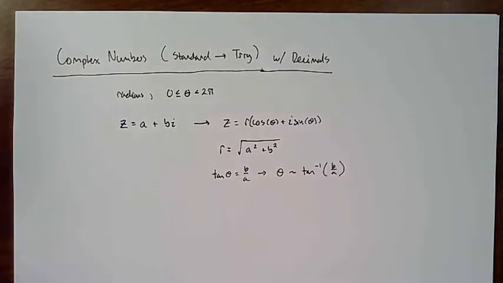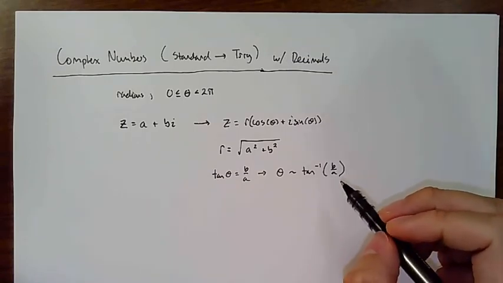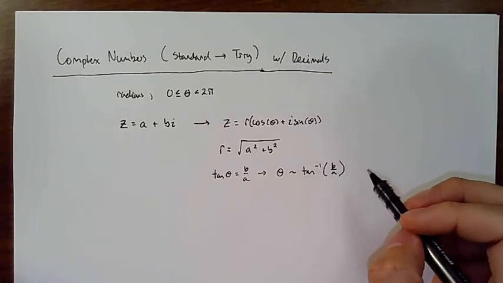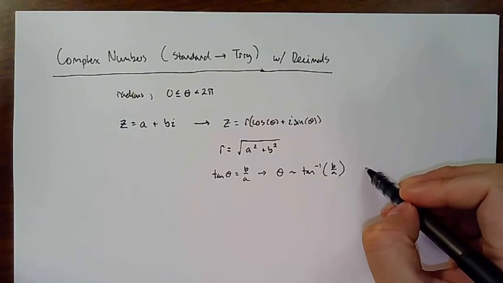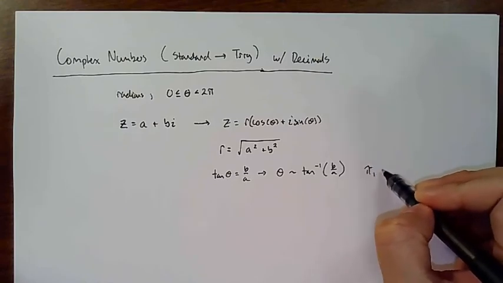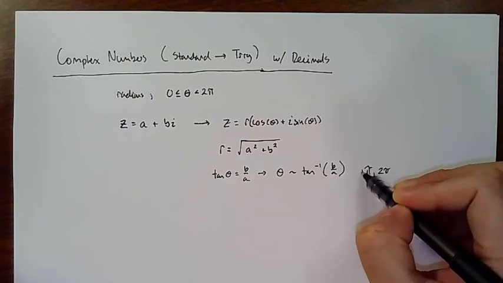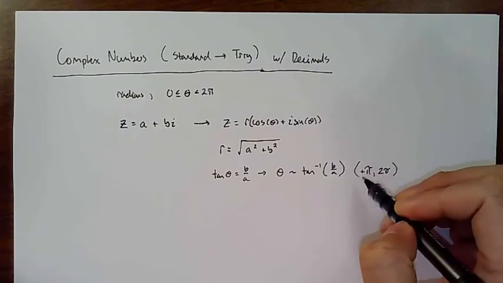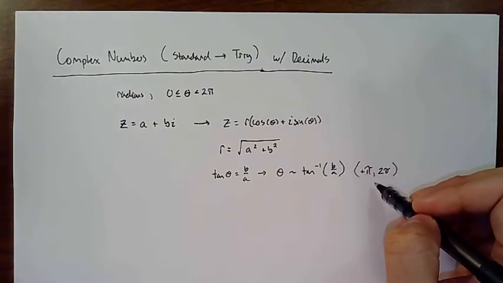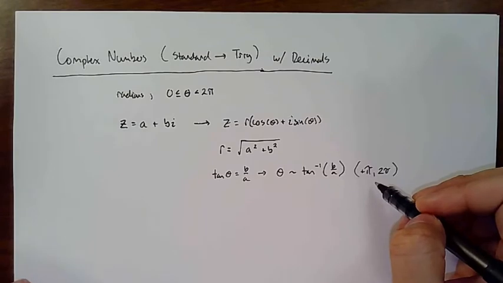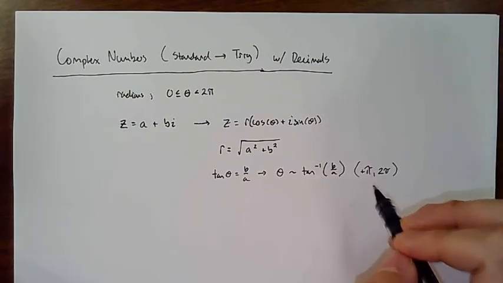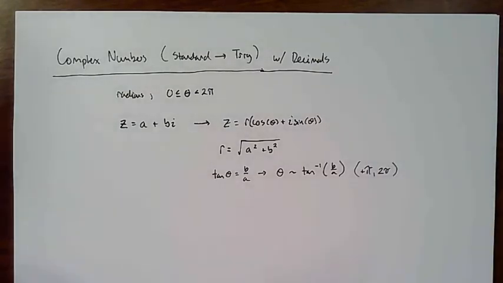But some quirky things can happen. If you are in the wrong quadrant or you are not in the appropriate domain, you may have to add pi or 2 pi, depending. It depends. You have to look and see where your point lies and where the angle actually falls. So I think the best way to tackle this is we're just going to do some examples.